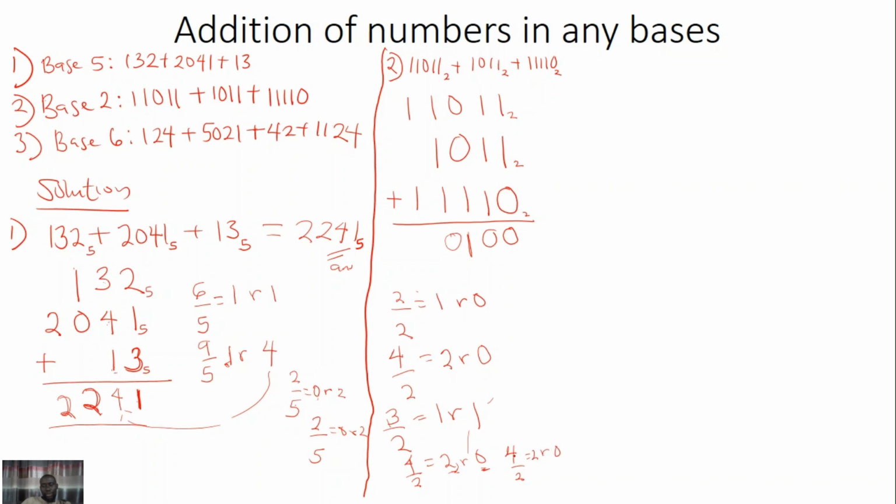Okay, so what we are going to write down is 0. Okay, then we move to the next column, which doesn't exist again.